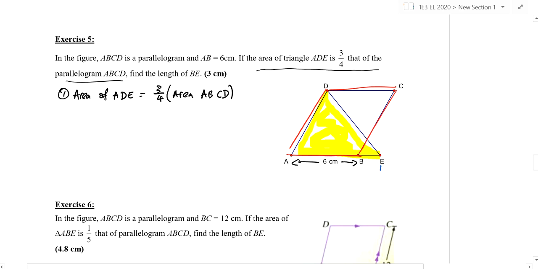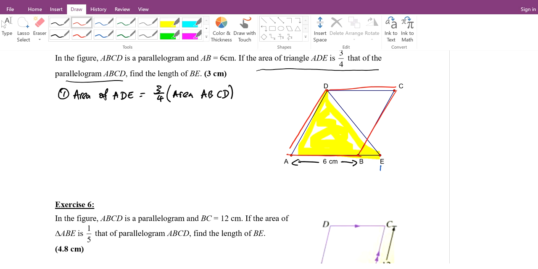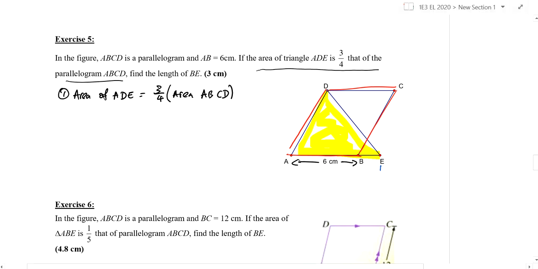Do you notice that they share the same perpendicular height? Let's start with the parallelogram. Suppose we select AB as the base. Then the perpendicular height will be from D, the opposite side, dropping down a perpendicular line to the base AB. And for the triangle highlighted in yellow, if you consider AE as the base, it has the same perpendicular height. Let's call this H. This is going to be crucial for us to find the length of BE.